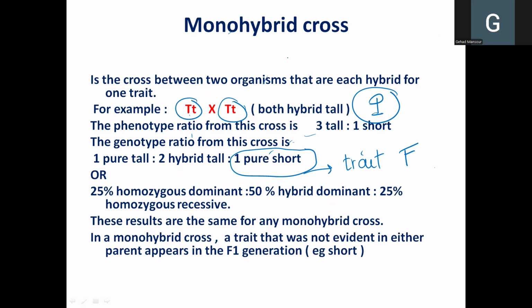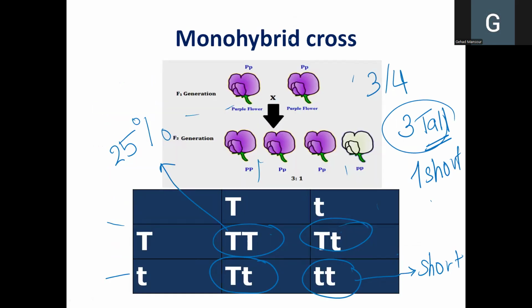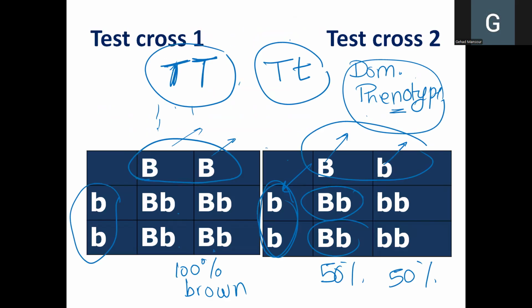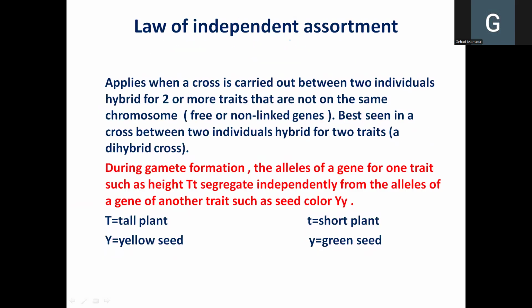So I emphasize that it is the monohybrid cross that led Mendel to deduce the law of segregation of the gametes. And then we talked about the back cross or the test cross, and then the law of independent assortment.